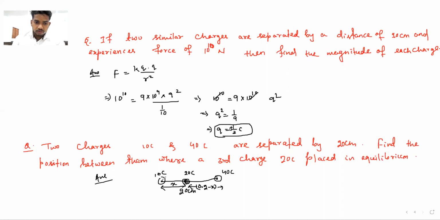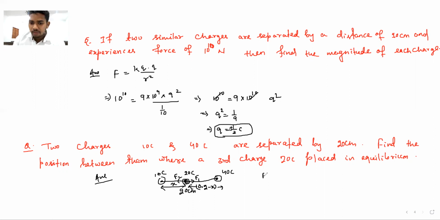So we can say the 10 Coulomb charge experiences a force on the 20 Coulomb in this direction, and the 40 Coulomb charge experiences a force on the 20 Coulomb in this direction, and both the forces should be equal. Then only we can say it will be in equilibrium. The force experienced by 10 Coulomb on 20 Coulomb is F1, and the force by 40 Coulomb on 20 Coulomb is F2.